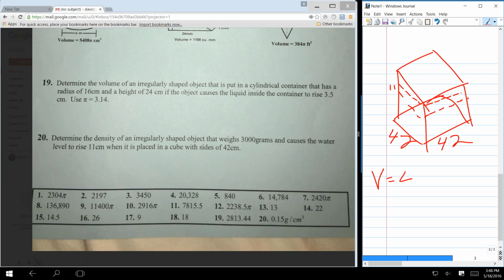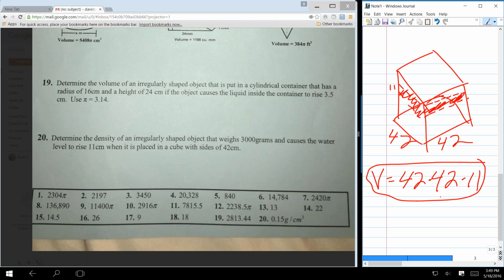Yeah, exactly. In other words, it's the volume of that space, right? If I said, what's the volume of a rectangle full of water that's 42 by 42 and 11 inches deep, you would say 42 by 42 by 11. So that's the volume of the irregularly shaped object.